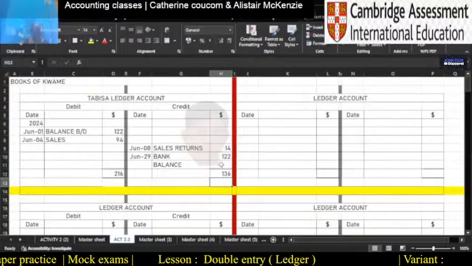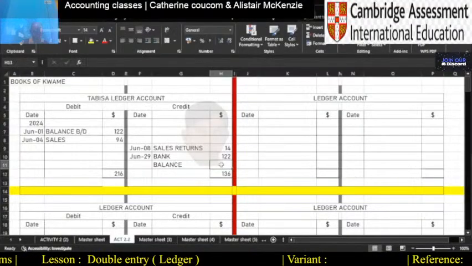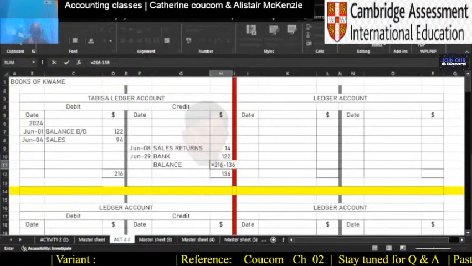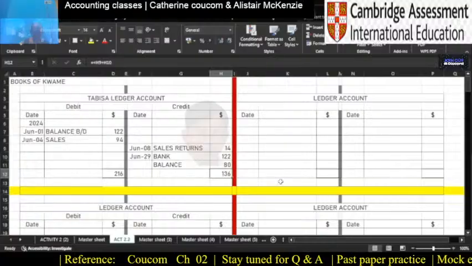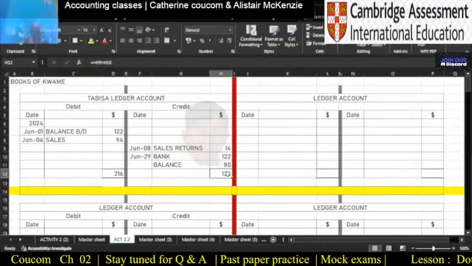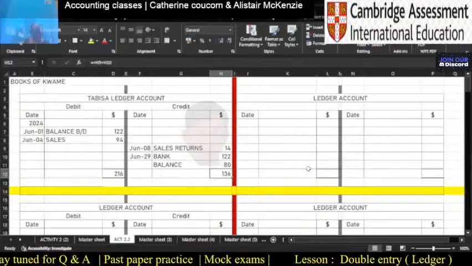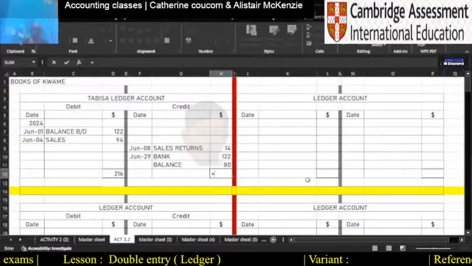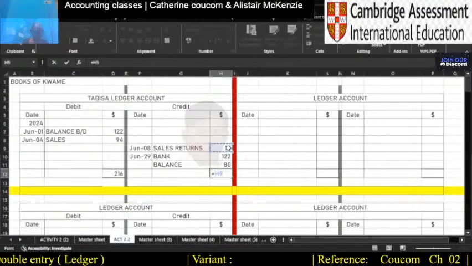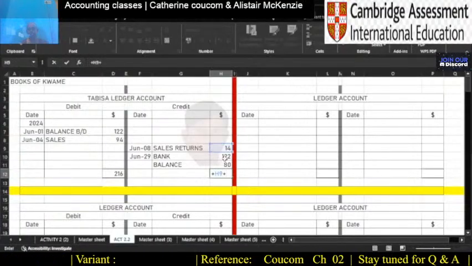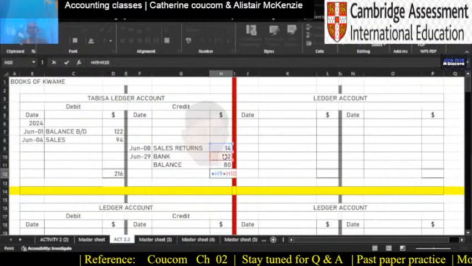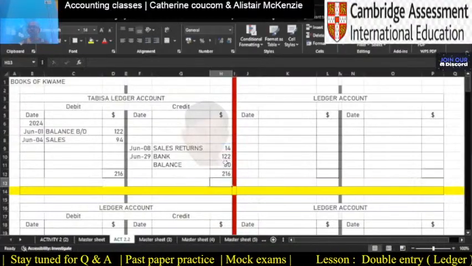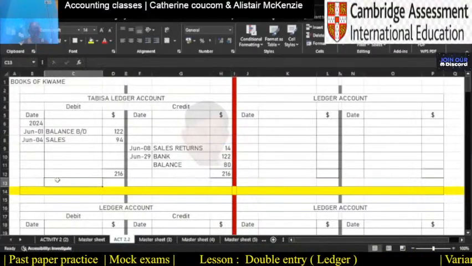So 216 minus 136. Now you add all this, plus this, plus this, 216. So it will match. So here this side, balance carried down.